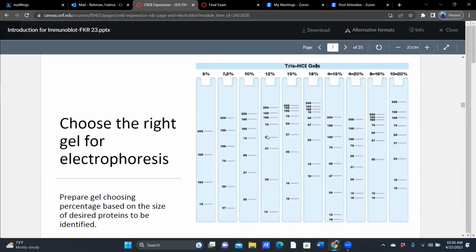Because look at this, if instead I were to use a 12% gel, which is typically what people use because it gives the widest range of proteins to look at, that section is really scrunched up. So it's going to be really hard to separate those 3 different protein bands. So to resolve those high molecular weight proteins, I would want to use a lower percentage gel.